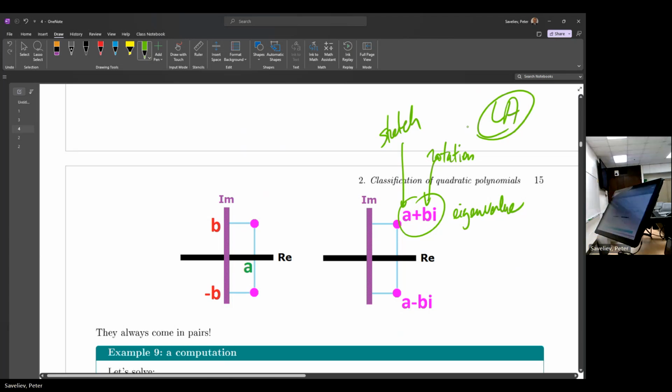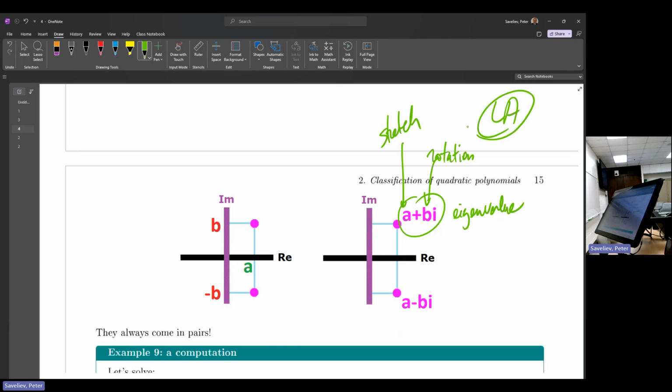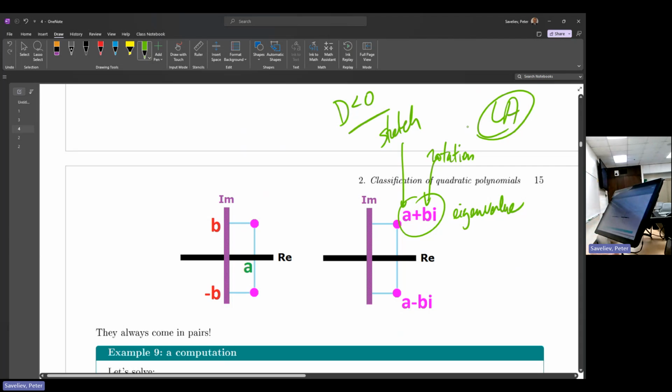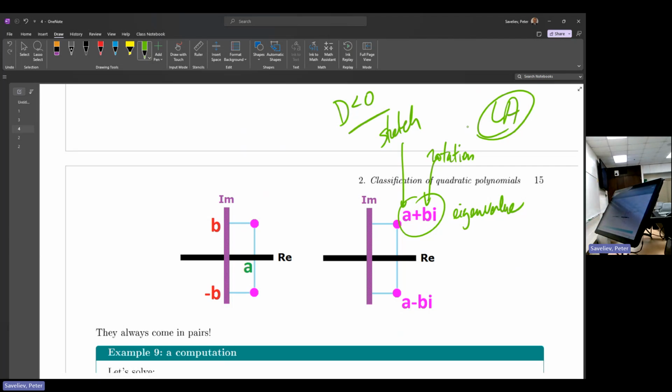If you remember the very last theorem that we had about the eigenvalues and what they tell us about the behavior of the linear system of differential equations, we had that case when the discriminant is negative. Then we described the behavior of the linear operator as one that stretches uniformly. The uniform stretch combined with rotation, that's what it is when d is less than 0.